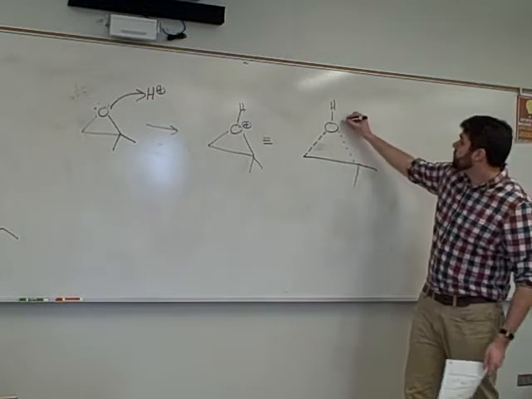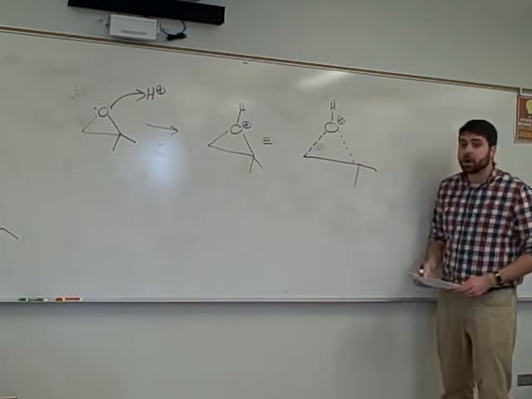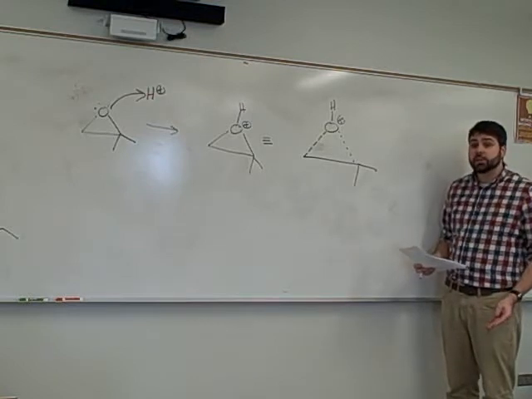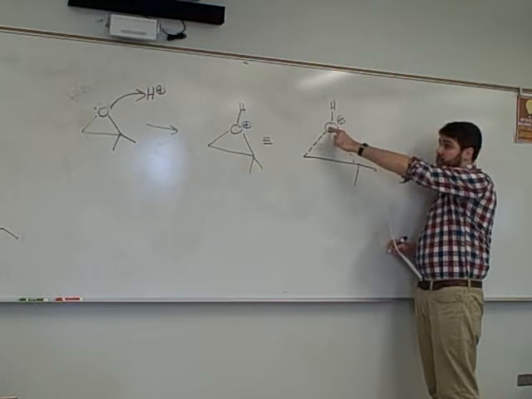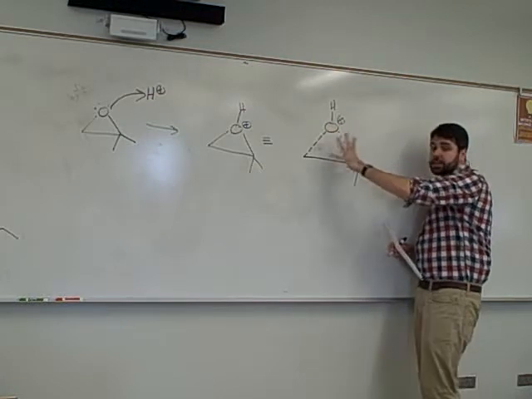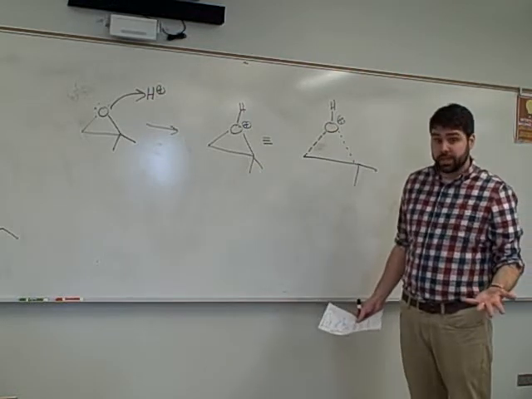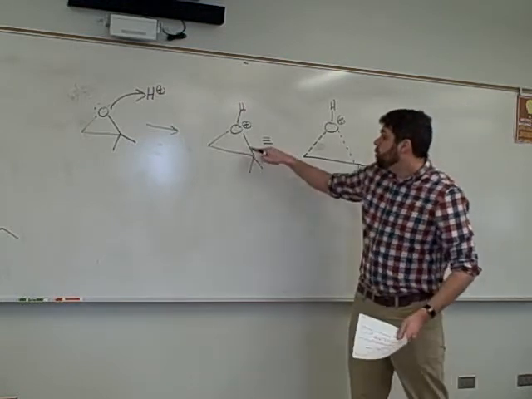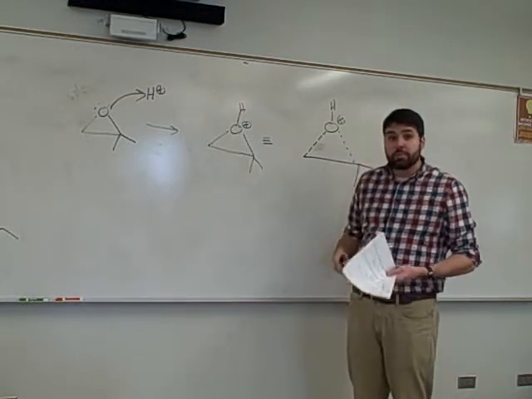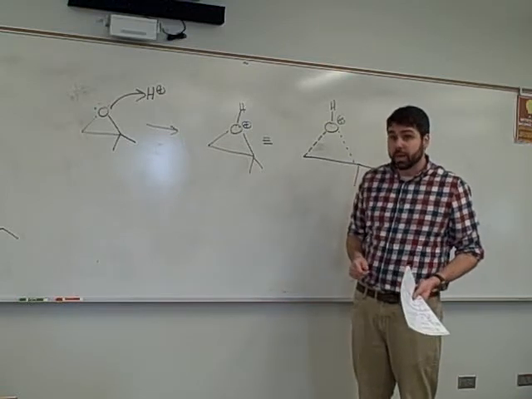Where we are starting to break one of these carbon-oxygen bonds in order to really give some relief to this positive formal charge on our oxygen. And so really this molecule has an interesting question to answer: if I'm going to start breaking a bond, which one of these bonds would be most energetically stable for me to break?